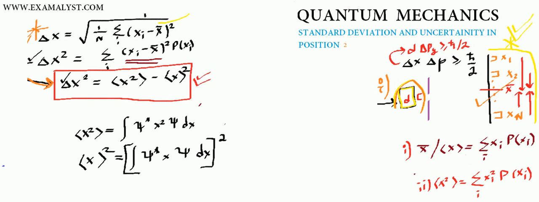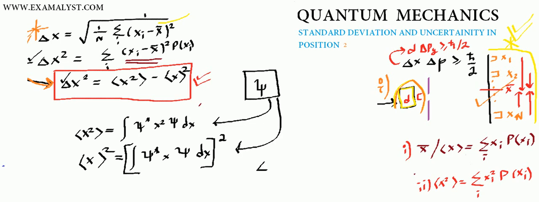So in this way, if you are given a particular wave function psi, then you can easily calculate this, as a result of which you'll get the uncertainty in position. The information for uncertainty in position is already inbuilt into this wave function psi. Agreed? So the wave function psi must have the uncertainty in position inbuilt in it.